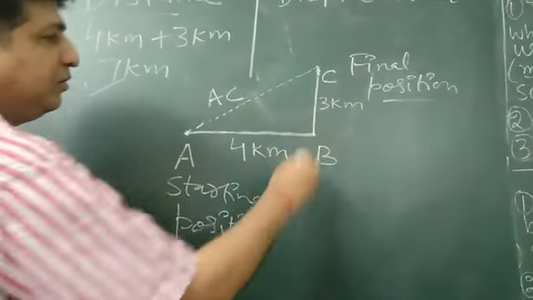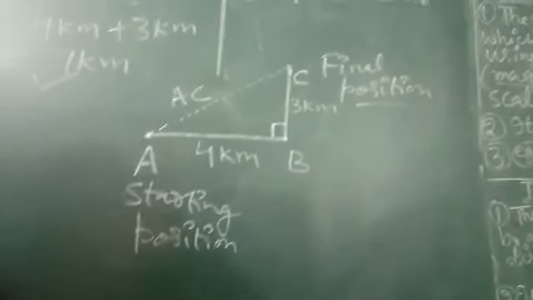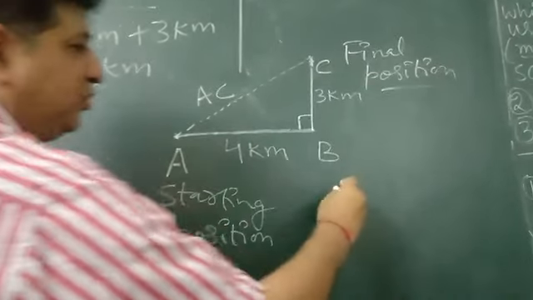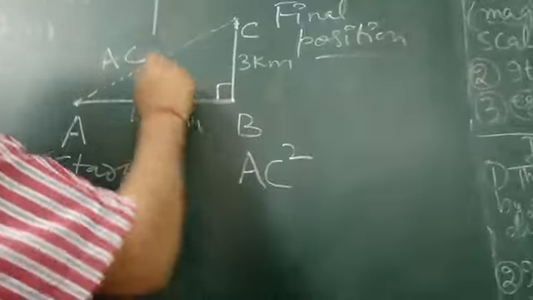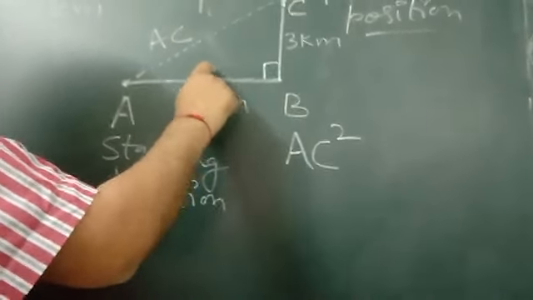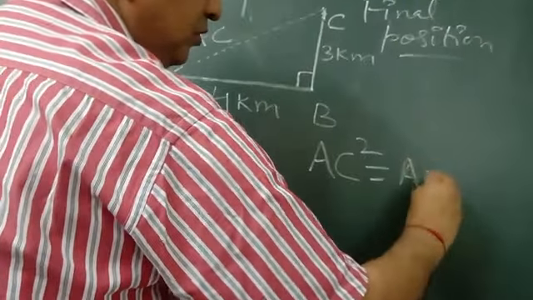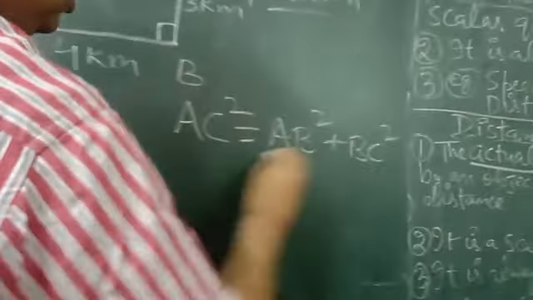Now you know, as per math, you must have done Pythagoras theorem. This becomes a right angle triangle, and if we have to calculate the value of AC, this becomes the hypotenuse, this becomes the perpendicular, this becomes the base, and the hypotenuse square is equal to base square plus perpendicular square.